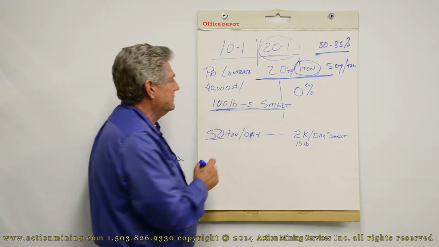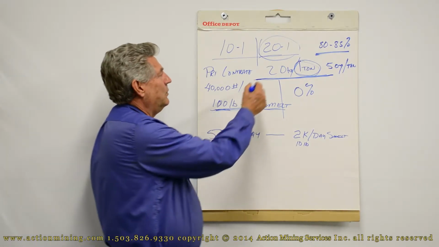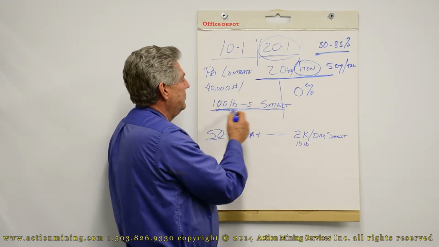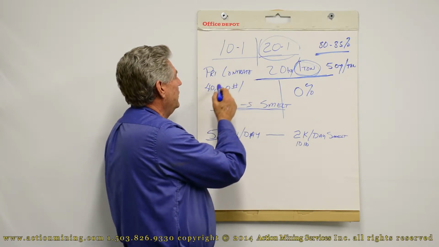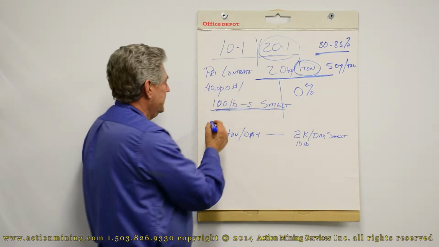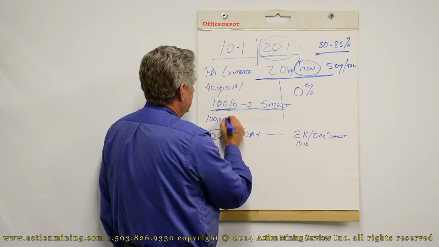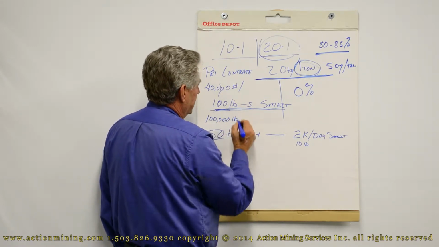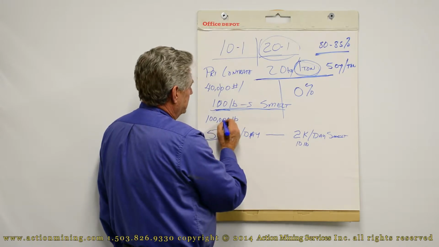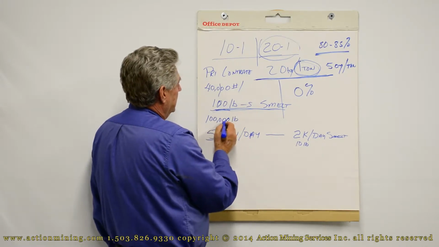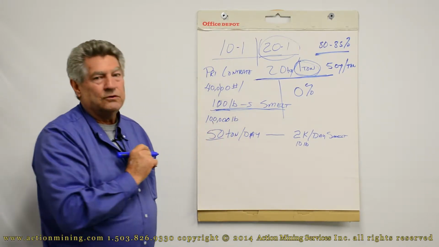Out of 50 tons. Well, at 20 tons, at 100 pounds, we got a 400 to 1 con. At this one here, we're looking at 100,000 pounds down to 10 pounds. That's a 10,000 to 1 cut.